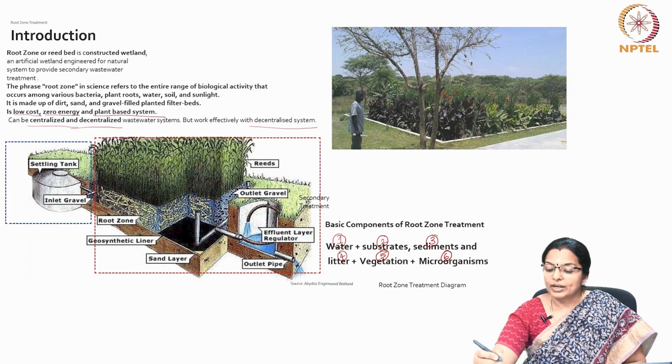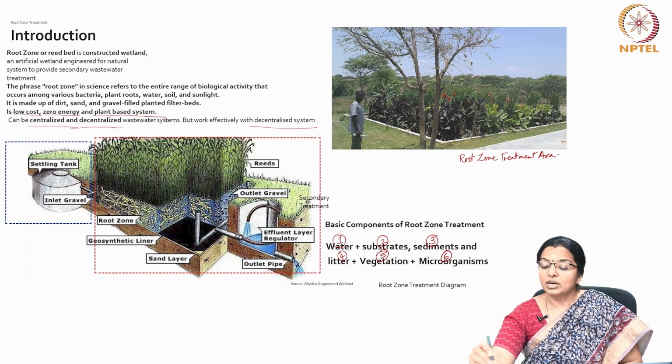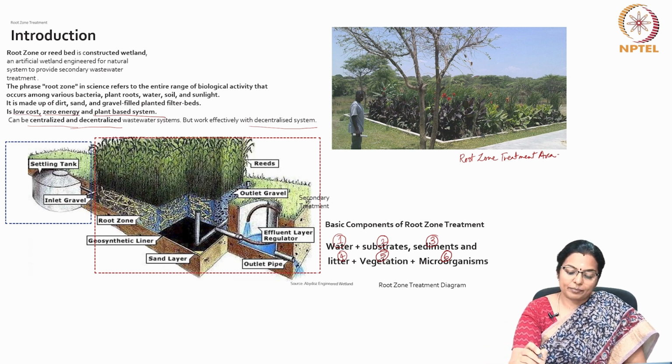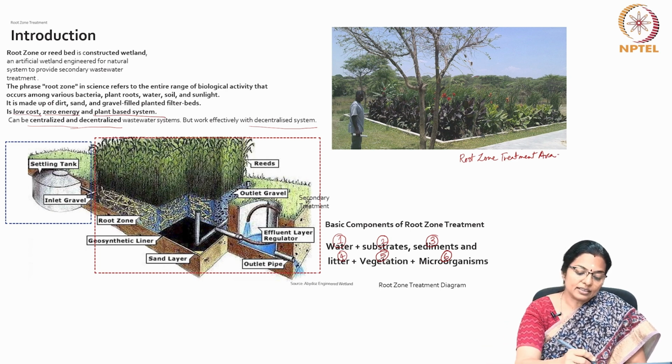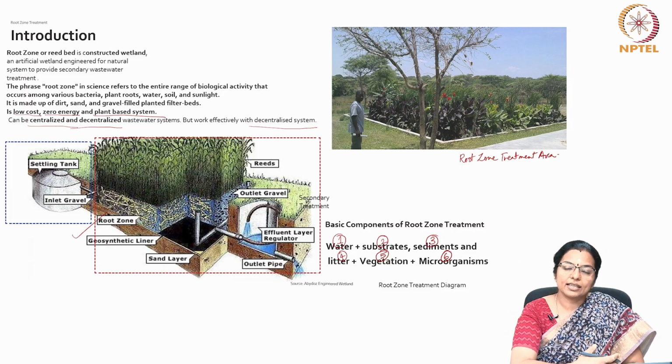And here you can see how a root zone treatment area looks like, merging with the landscape. Technically, this is how a root zone treatment looks, which we will see in the next few slides.